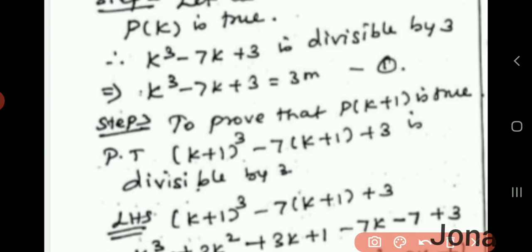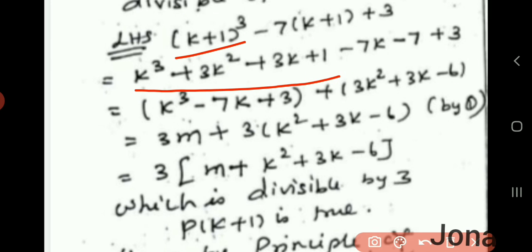Take the left hand side now. So we have k plus 1 the whole cube minus 7 into k plus 1 plus 3. Here write the formula for a plus b the whole cube. So we have the formula like this, minus 7 into k minus 7 plus 3. So we can simplify this as k cube minus 7k plus 3 as one term. The other things are 3k square plus 3k and minus 6. We have to simplify these two, so that we have minus 6 like this.